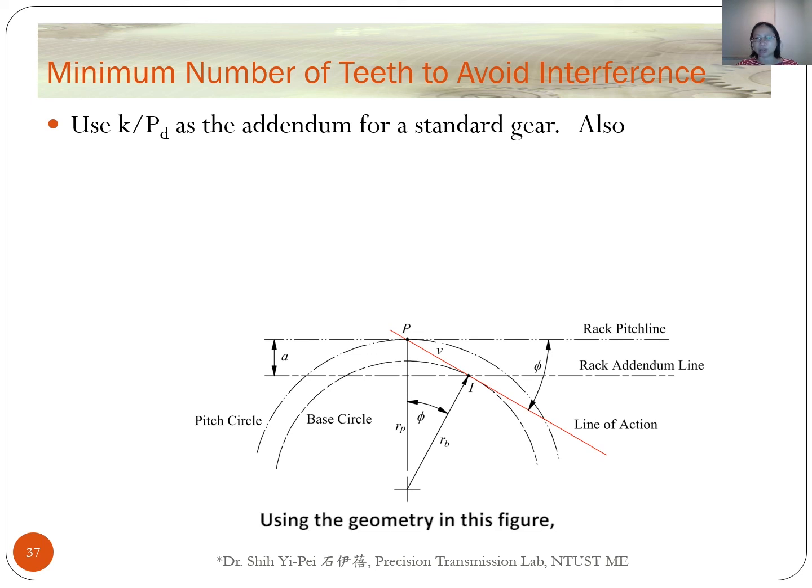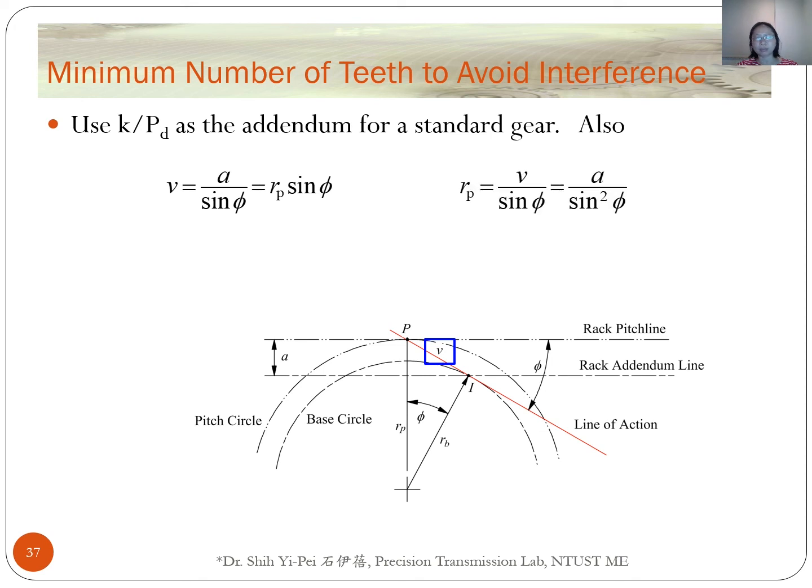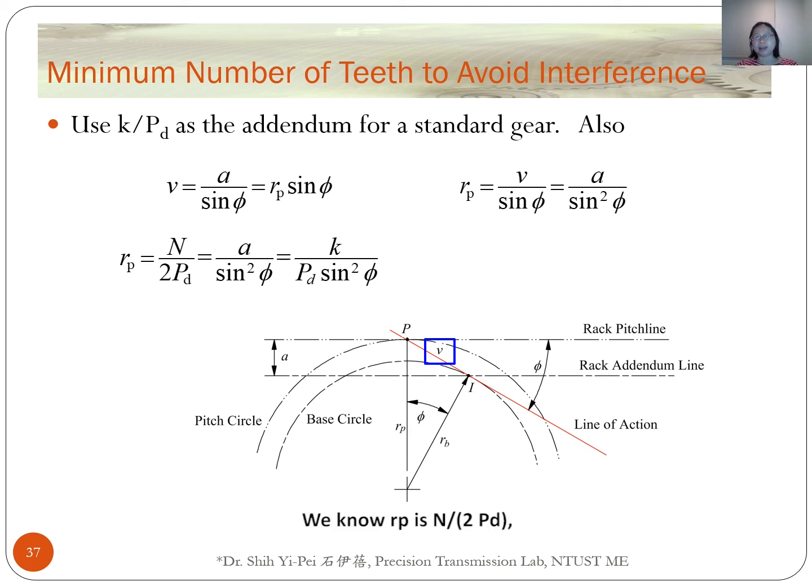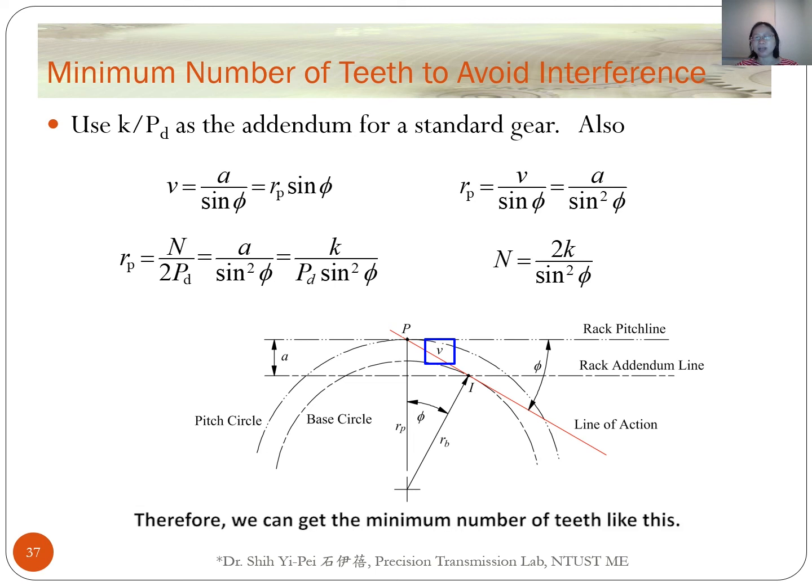Using the geometry in this figure, we can compute the value like this. OP is equal to A over sine squared phi. We know RP is N over 2 times PD, and A is equal to K over PD. Therefore, we can get the minimal number of teeth like this.